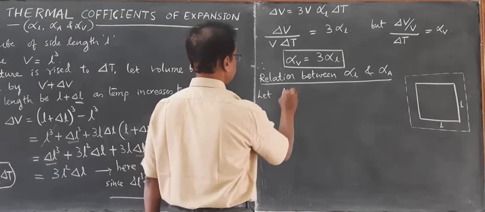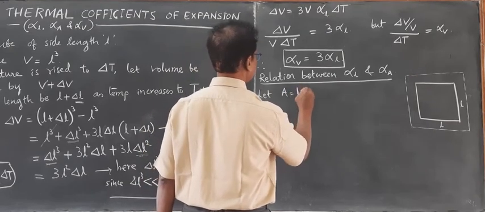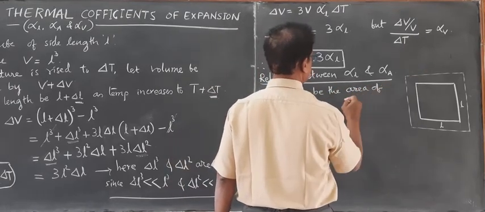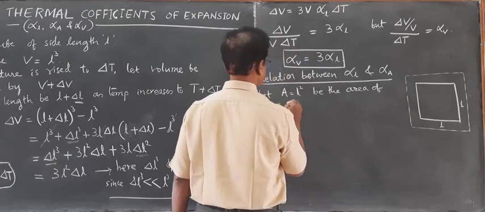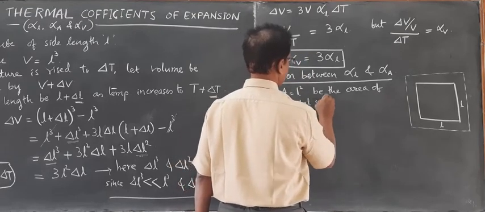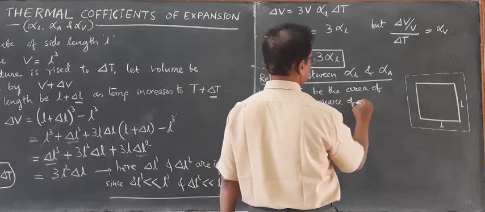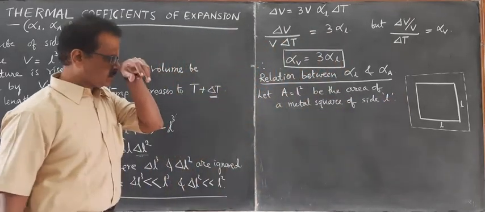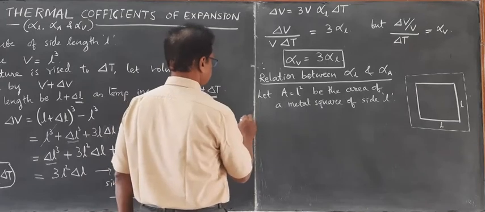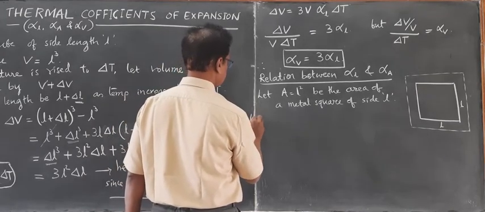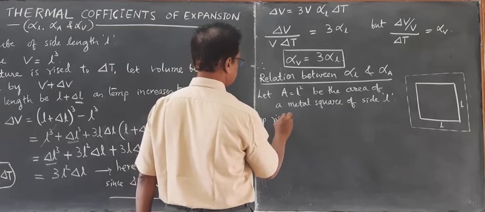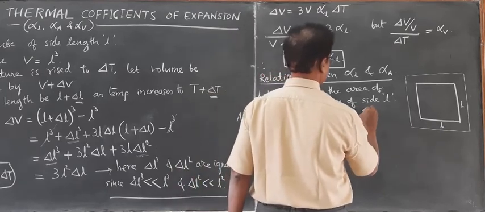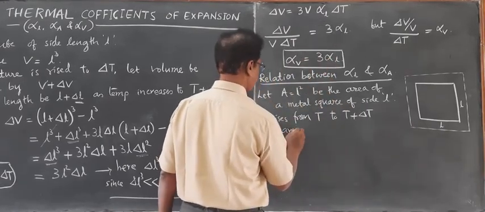Let A equal to L square be the area of a metal square of side L. As temperature rises from T to T plus delta T, the area expands.